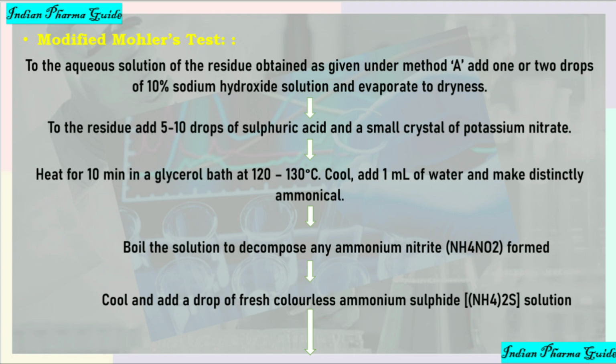And to the above residue, add 5 to 10 drops of sulfuric acid and add a few small crystals of potassium nitrate and then heat for 10 minutes by using a glycerol bath at 120 to 130 degrees centigrade and then cool the solution and add 1 ml of water and make distinctly ammoniacal. Then boil the solution to decompose any ammonium nitrate formed. And cool the above solution and then add a few drops of fresh colorless ammonium sulfide solution.